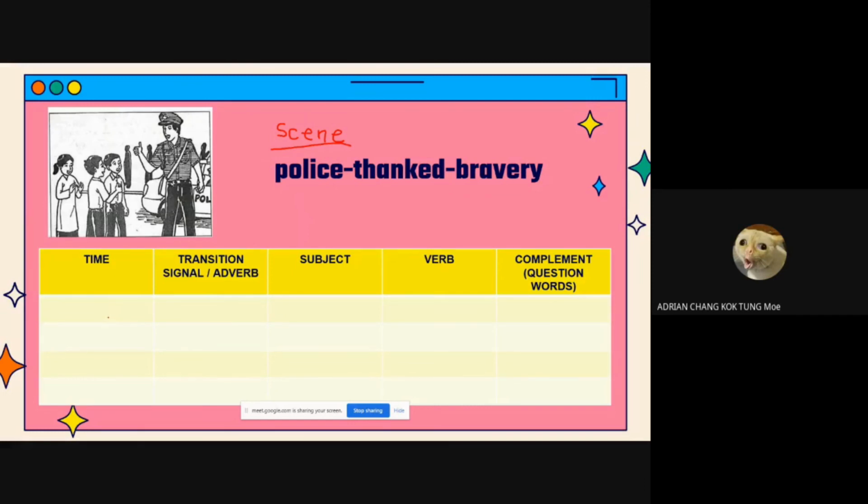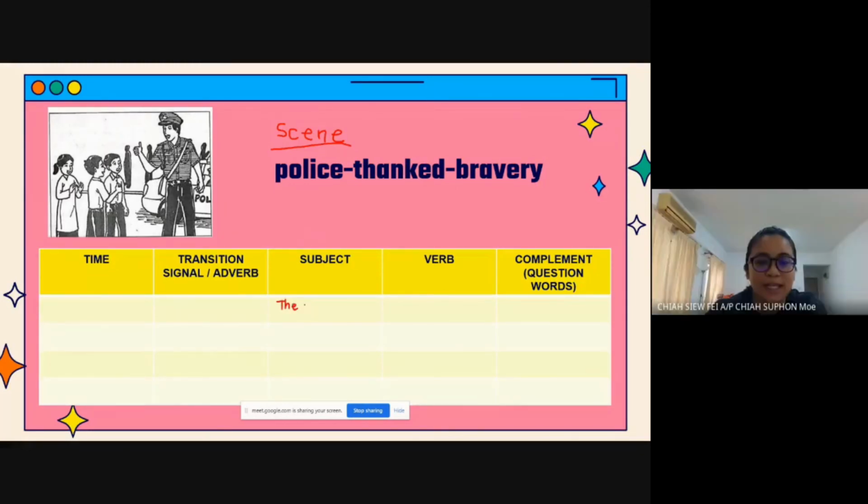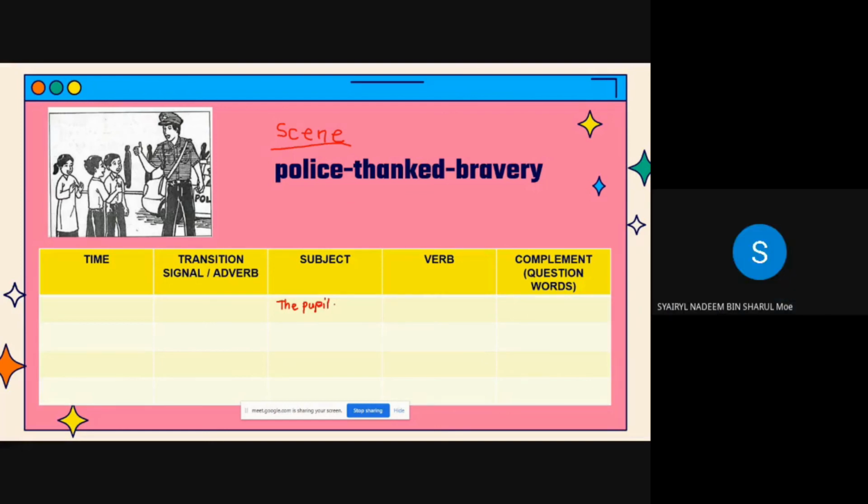The pupil told the police officer. Told. Is that the right word? The pupil or pupils? The pupils told the police officer about the scene that happened. Okay.